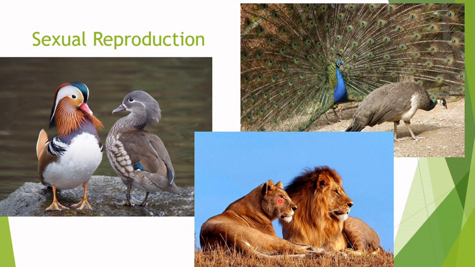So, it's just secondary sexual characteristics that allow us to distinguish a male and a female from the exterior looking, okay, and without having to check the gonads. So in this case, for example, we've got a male duck and a female duck. You can distinguish it perfectly, all right, or a male peacock and a female peacock, and the same with the lions, okay.